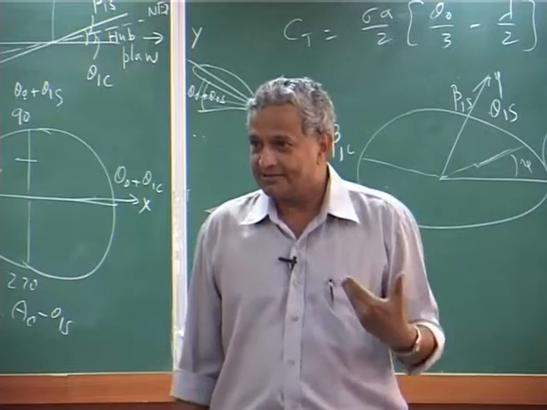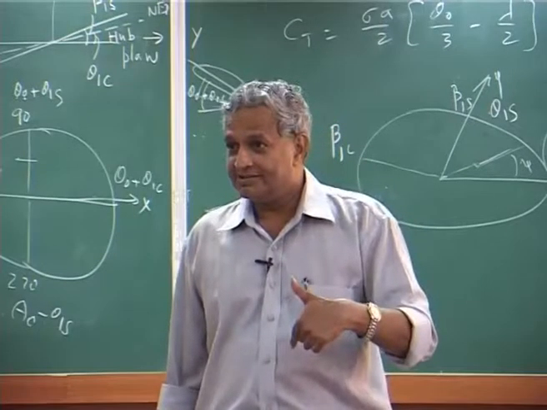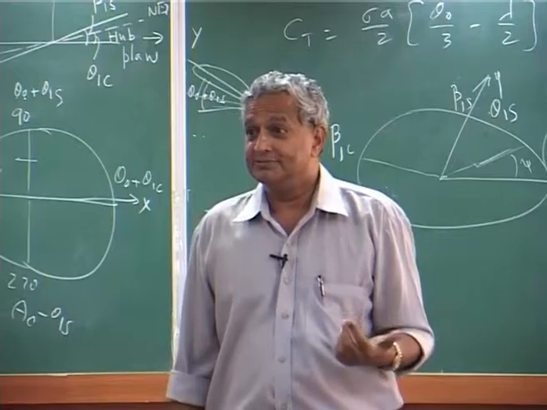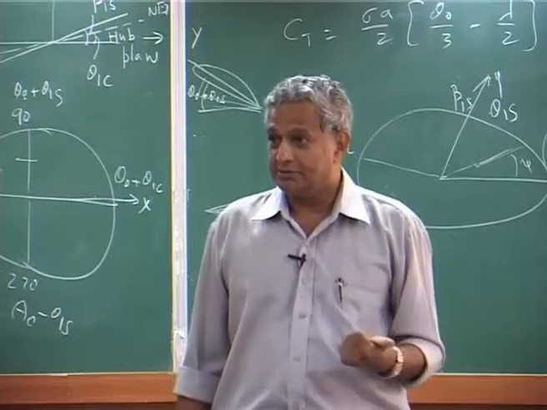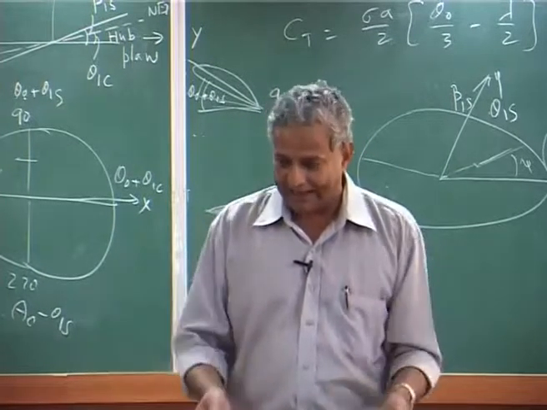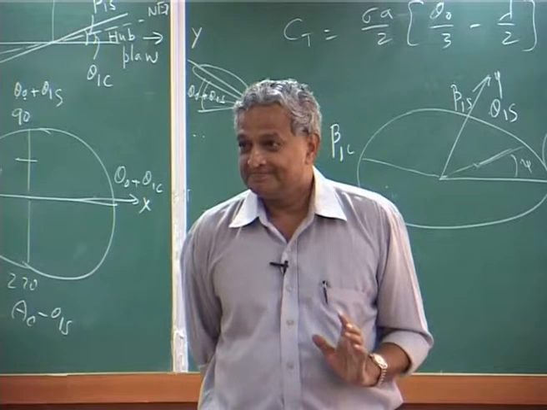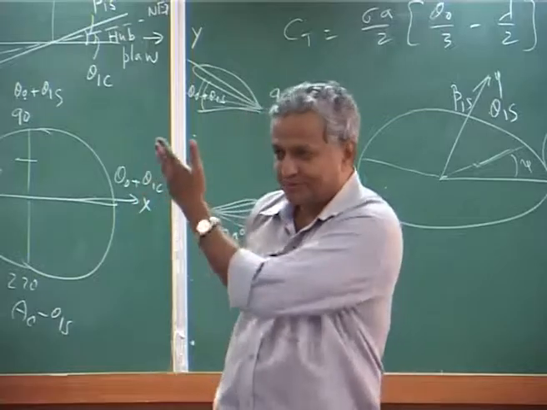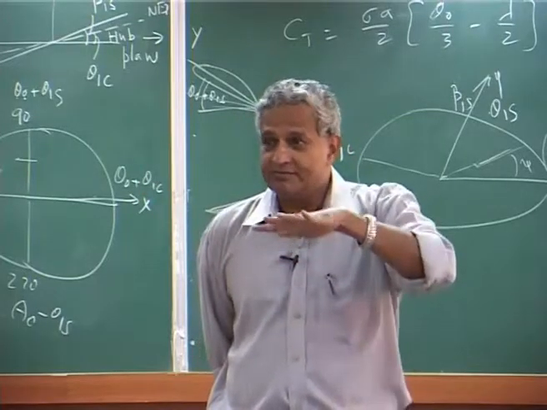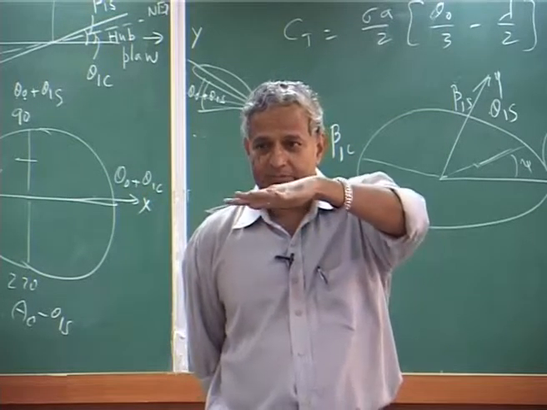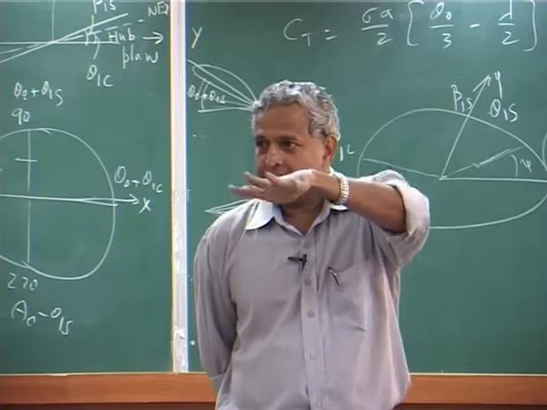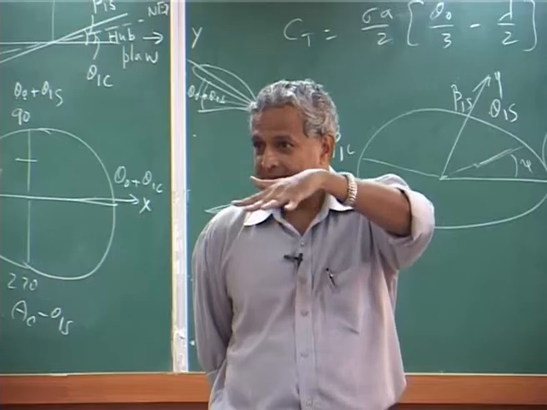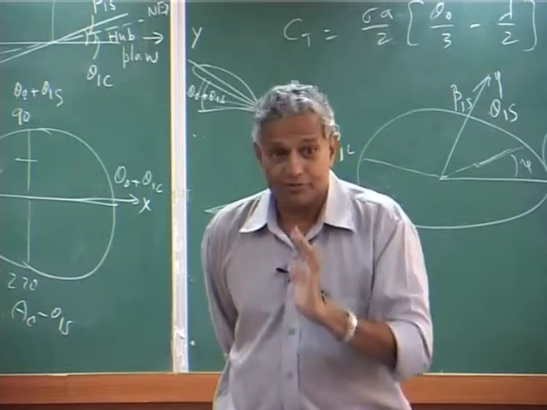Okay, you cannot be in hover and at the same time I do not want the helicopter to move, but I will give a cyclic, no. But if you do clamp it, that means you do not allow the helicopter to move, as we do in an experiment, you give a cyclic, then you will see the tip path plane tilting, depending on what input you give.